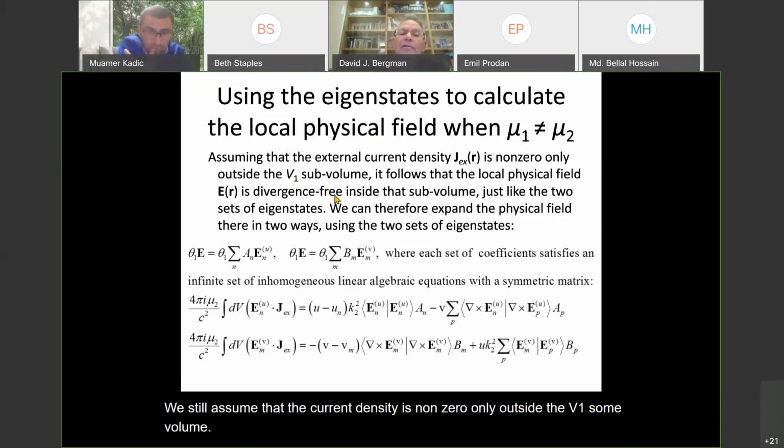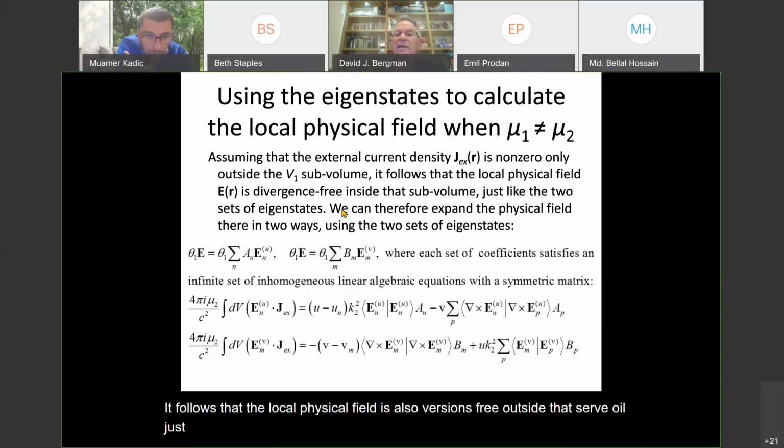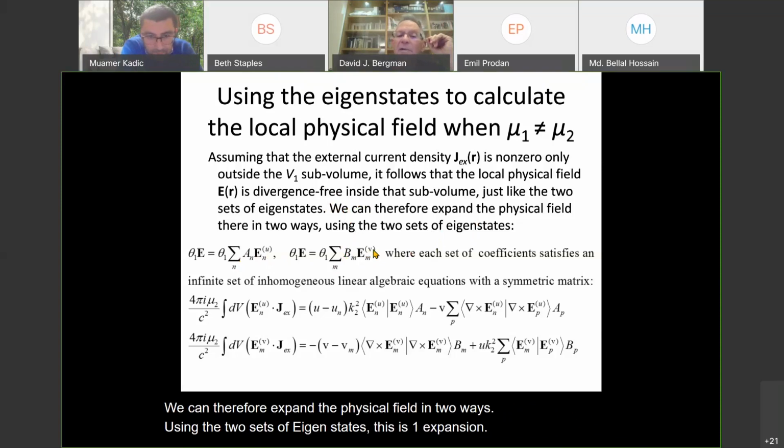It follows that the local physical field is also divergence-free outside that subvolume, just like the two sets of eigenstates. We can therefore expand the physical field in two ways using the two sets of eigenstates. This is one expansion. This is the other expansion using the E and V eigenstates.